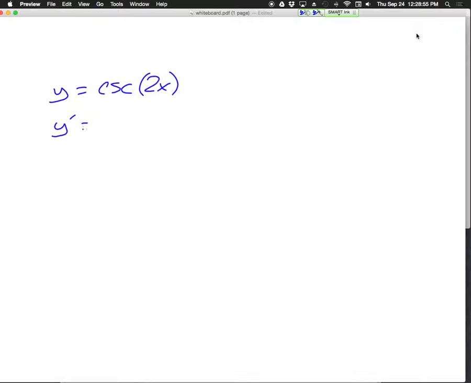It's not a product rule. It's a chain rule. Why is it a chain rule? Okay, what's inside of what? Very good. So 2x is inside of cosecant, therefore it's a chain rule. So which one's outside? Cosecant is outside. What's the derivative of cosecant? Negative cosecant.